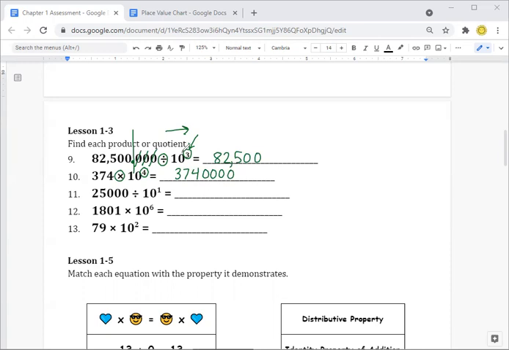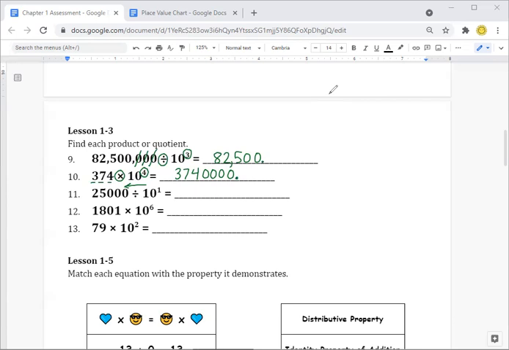So if you're looking at the multiplication side of it, it's like we're picking up the 3, the 7, and the 4, and we're moving it 4 positions that way. So we pick them up, and all the spaces that are now empty have to be filled up with something, so we fill them up with zeros.